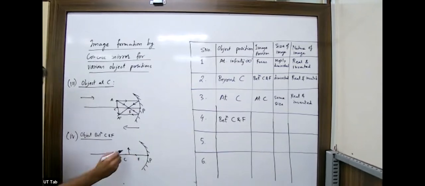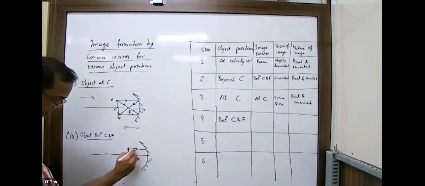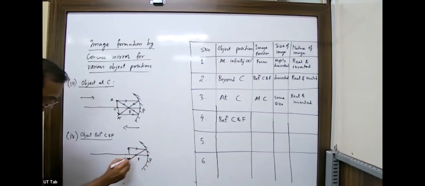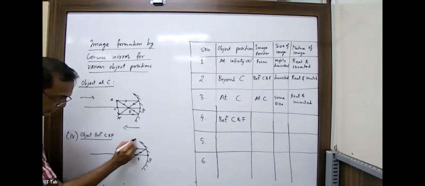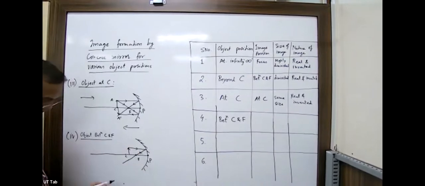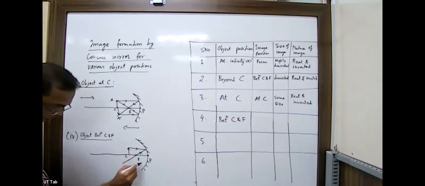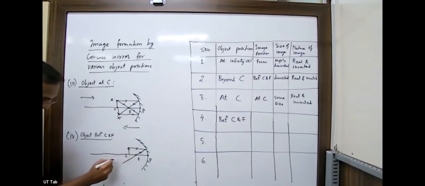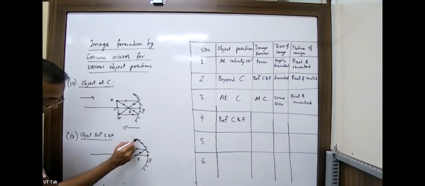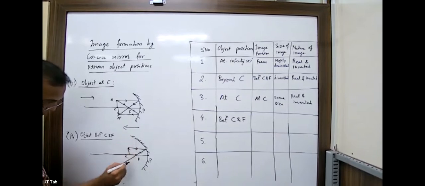In this case, what is convenient? By default, the most convenient line is the parallel one. Now which would be the next convenient line to take? Either you take from focus and return, or you can take along C. Which one is convenient? I think focus.